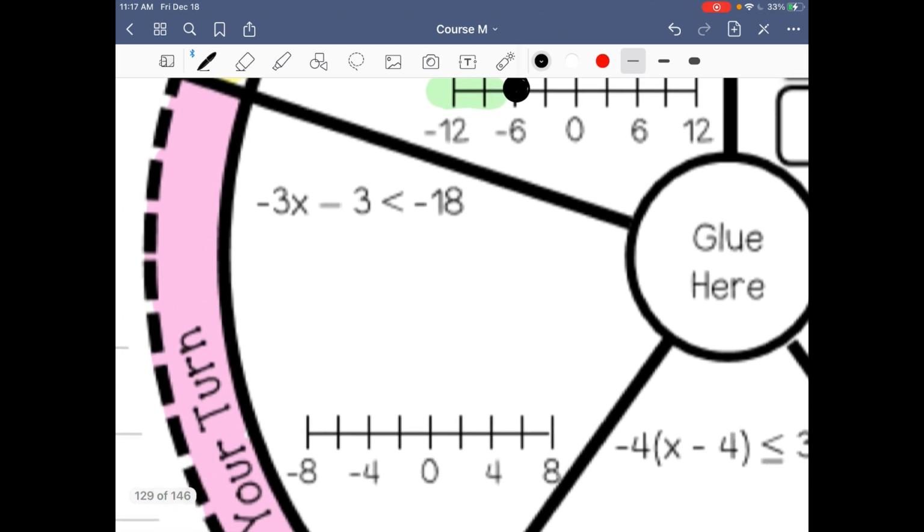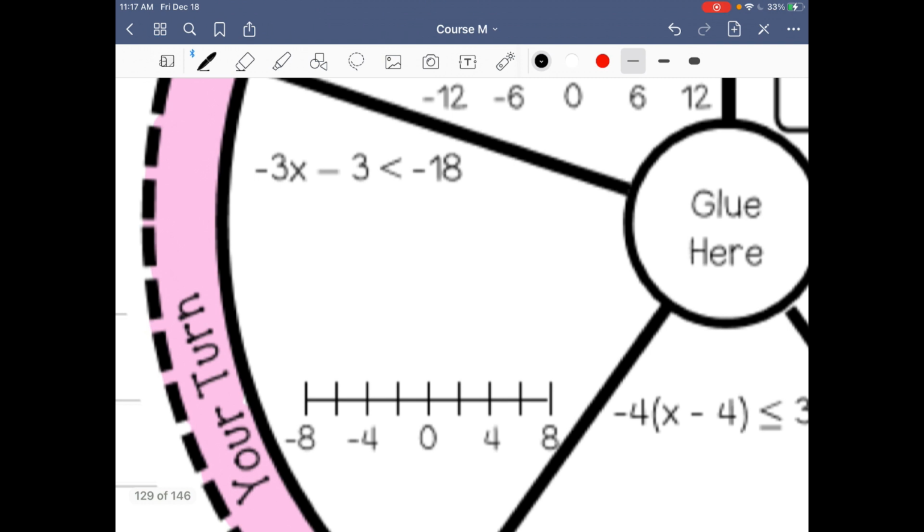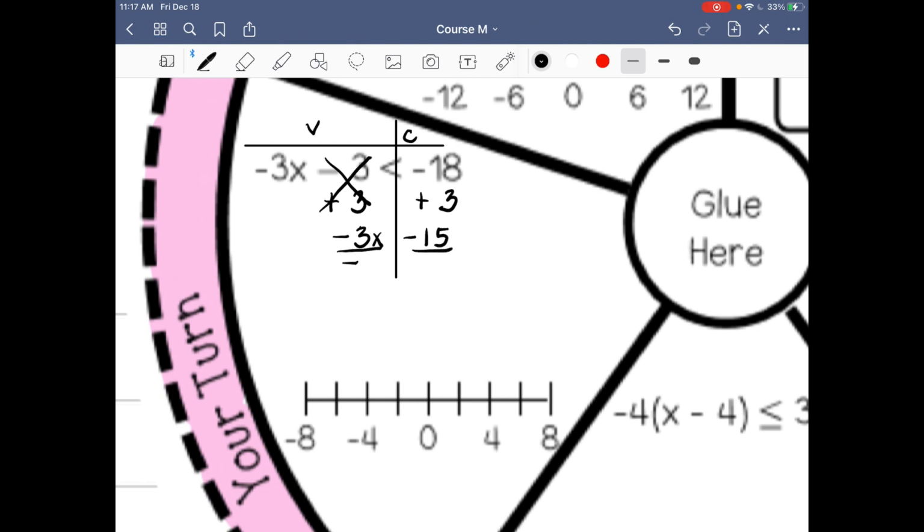Your turn. Draw the power T. Variable, constant. Add 3, add 3, cancel, copy, negative 15, divide by negative 3.